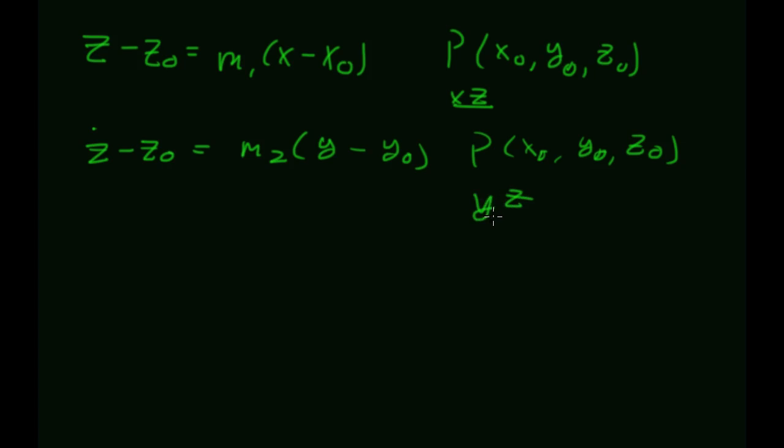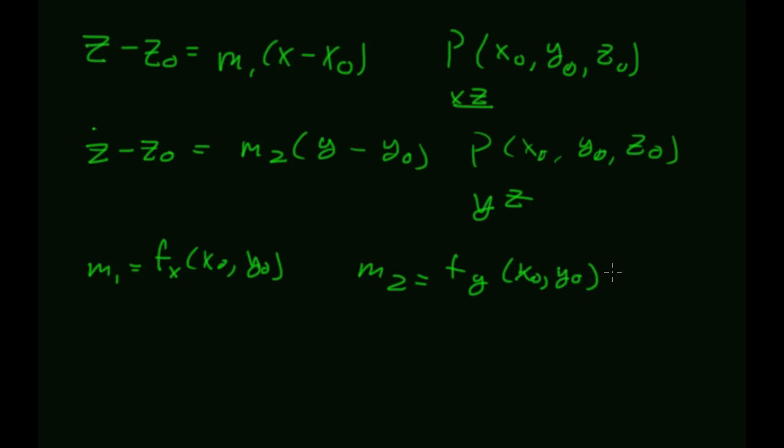Since these are lines that are not going in the same direction, we're assuming that m1 and m2 cause these lines to intersect. Two lines that intersect will determine a plane. And what we simply do, in our little model here, is let m1 be the derivative with respect to x at x null, y null, and let m2 be the derivative with respect to y at x null, y null.